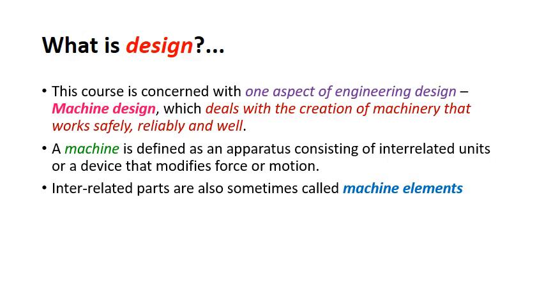Our objective is to calculate the forces and motions, or the changes in energy which are required for determining the size, shape, and selection of material for these interrelated parts. That is, we are looking at the detailed design, the geometric aspect of the interrelated parts. Select the dimensions and materials. That is all. This is our scope in this whole course.